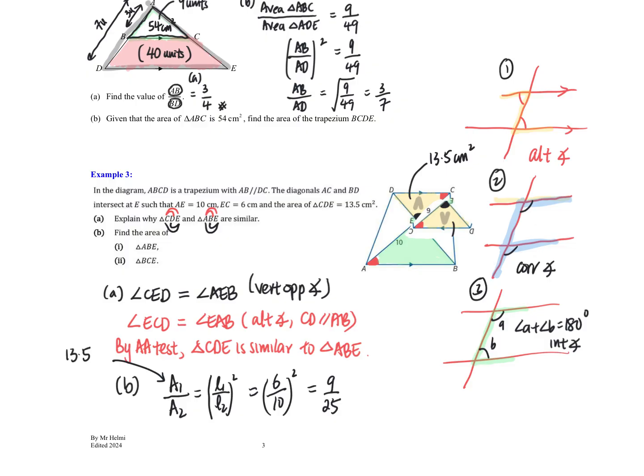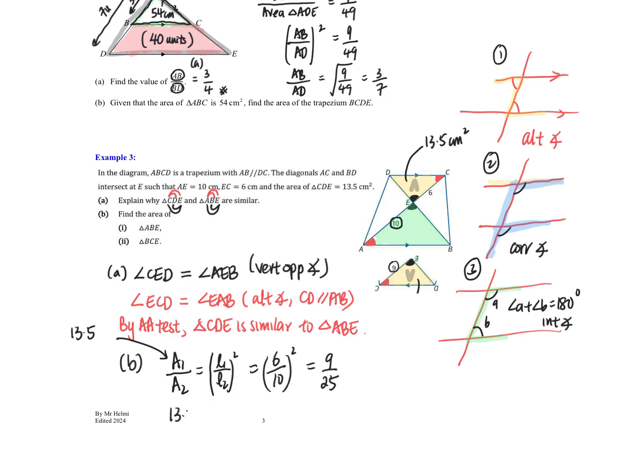Okay, so can you see that they are actually corresponding sides, your 6 and your 10? This one compares with the 10. Okay, they are the matching sides. So if you know that this is 13.5, then now you can find the next area.